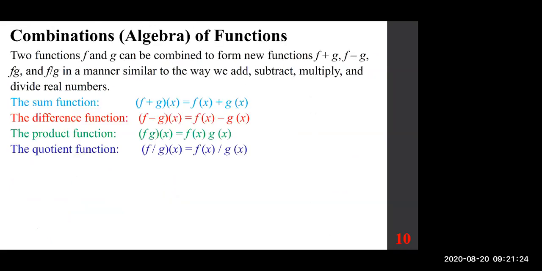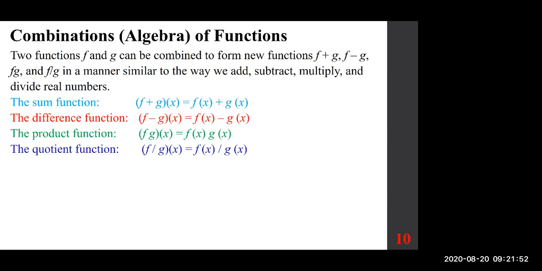What else is happening in this section? We are looking at algebra of functions. If you recall, algebra of functions in short represents the operations. If you recall, we had operations on numbers. Now we have operations on functions. So when we say the sum function f plus g of x, simply put, it means f of x plus g of x.